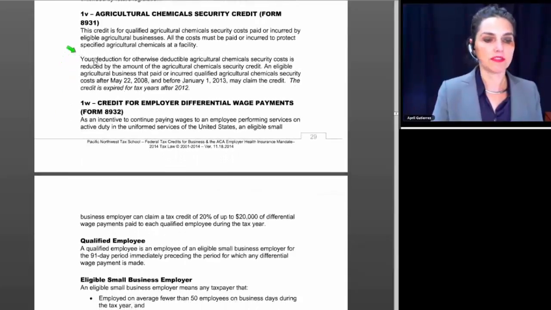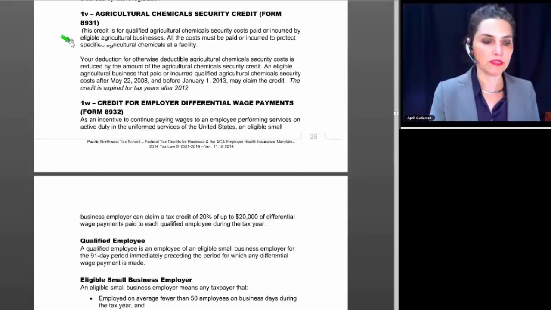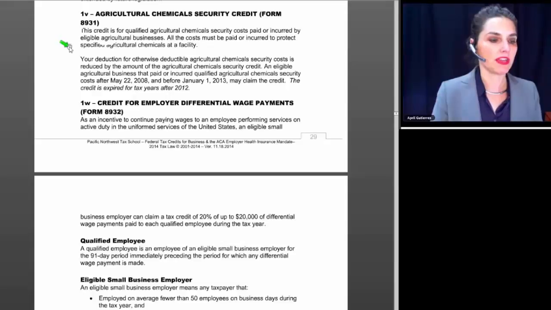Agricultural chemicals security credit. This credit is for qualified agricultural chemicals security costs paid or incurred by eligible agricultural businesses. All of the costs must be paid or incurred to protect the specified agricultural chemicals at a facility.